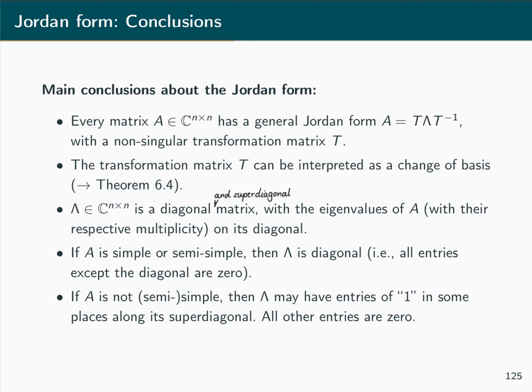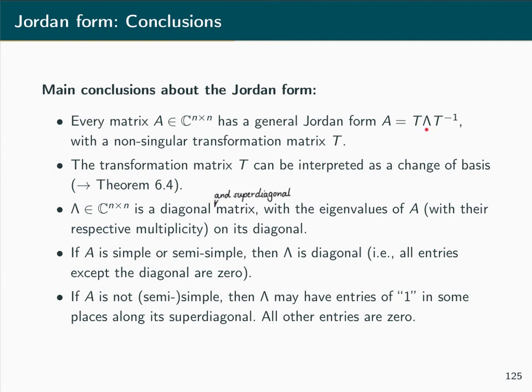In summary, we have the following main conclusions about the Jordan form. First, every n by n complex matrix has a general Jordan form where A can be written as T times lambda times T inverse for a non-singular transformation matrix T. Second, the transformation matrix T can be interpreted as a change of basis according to theorem 6.4.